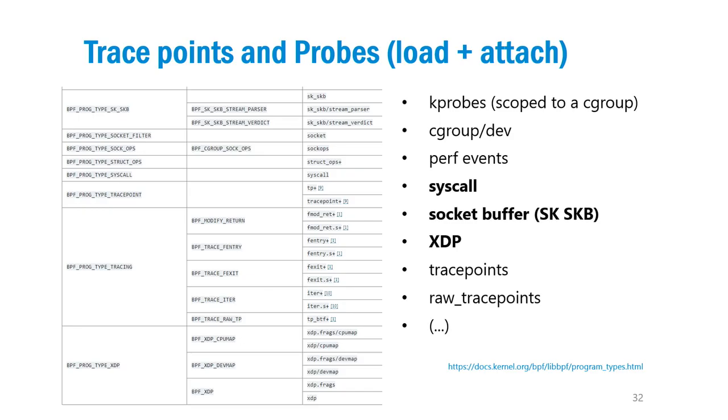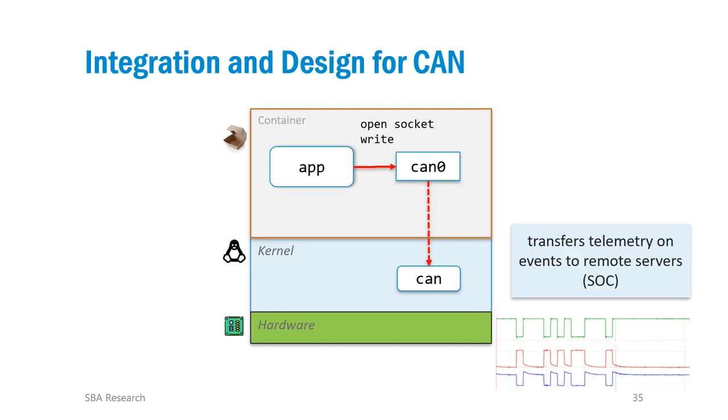So here, again, you take one of the network-related attachment points, and you have an application that's containerized. You present the CAN bus, it's just like an Ethernet network, right? You present the CAN bus inside the container, and every time this interface receives a network packet, your program gets executed. Quite easy, right?